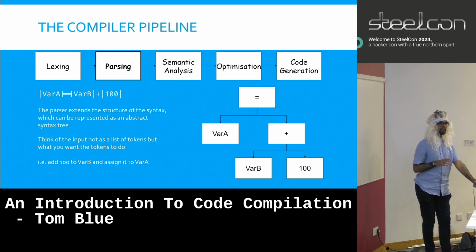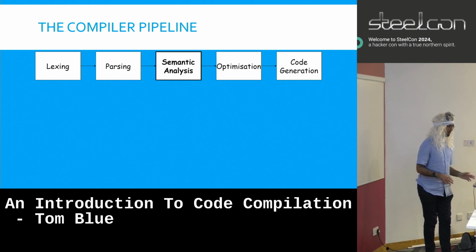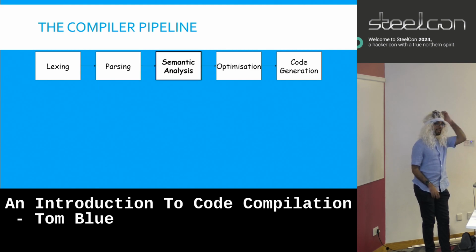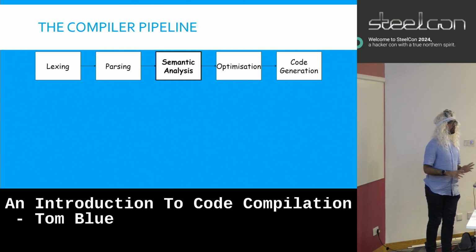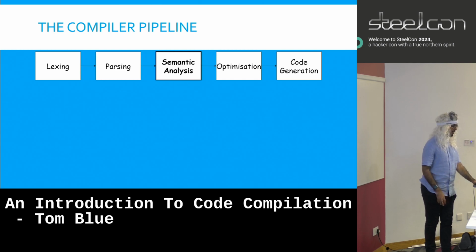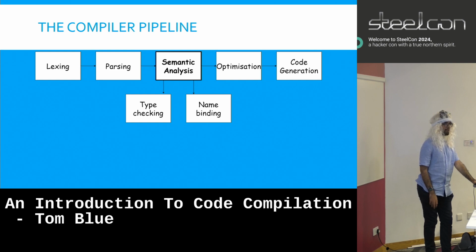So this abstract syntax tree, which has been generated by the parser, will then be passed into what's called semantic analysis. Semantic analysis is very, very complicated and could be its own talk in and of itself. But I'm going to talk about two parts of semantic analysis: type checking and name binding.